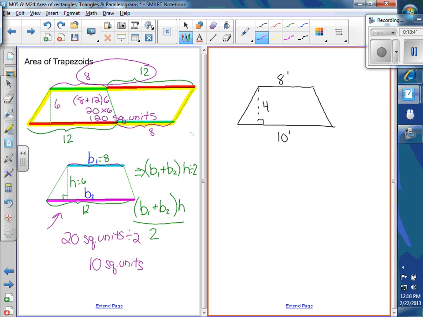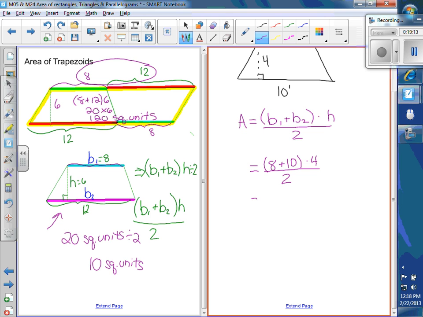If we use the formula for a trapezoid, area is base 1 plus base 2, so add the bases, times by the height, and then divide your whole answer by 2. We would get base 1 is 8, plus base 2 is 10, times by the height, which is 4, divide your answer by 2.